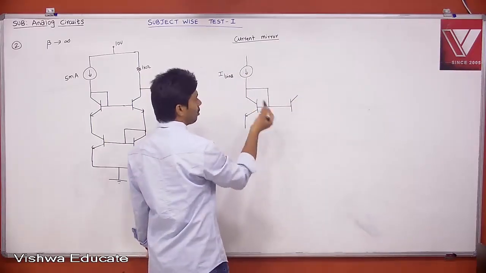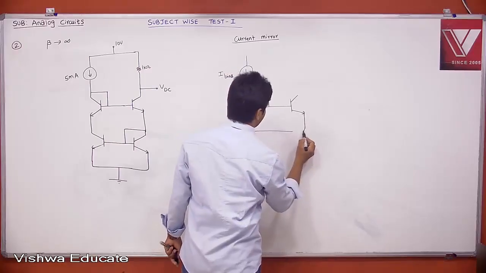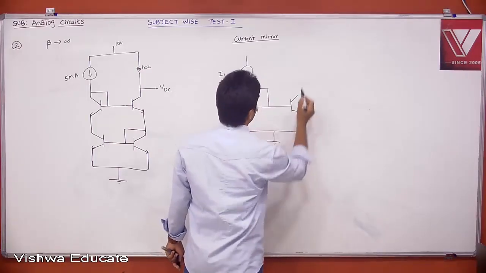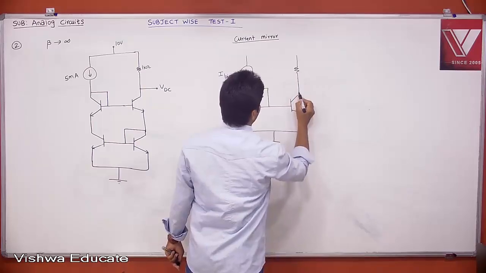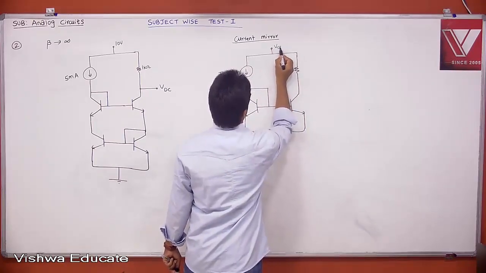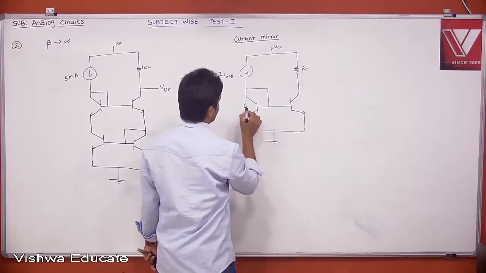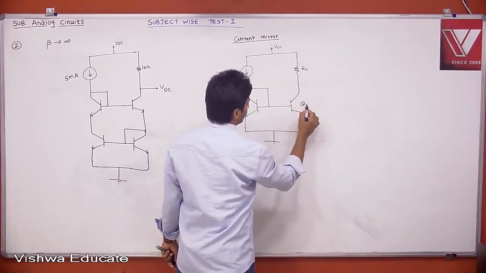You can replace your BJT with MOSFET, both are almost the same. And this is our load, this is your VCC, and let us say this is your RC. Now this is transistor Q1 and transistor Q2.